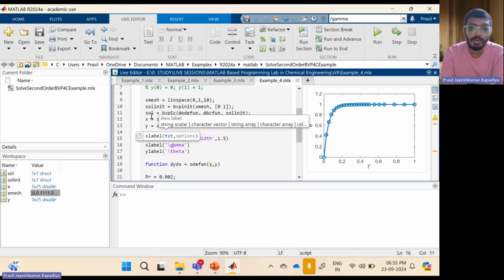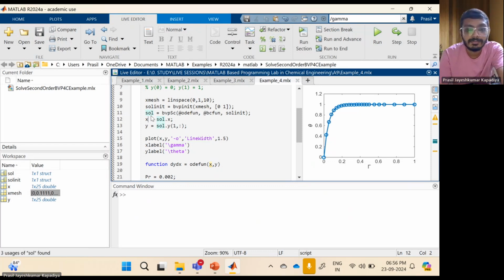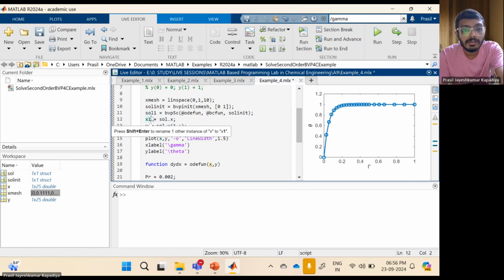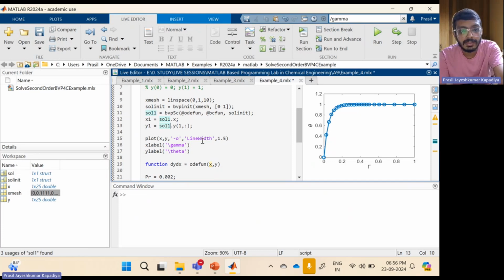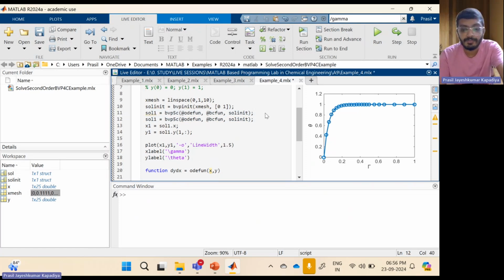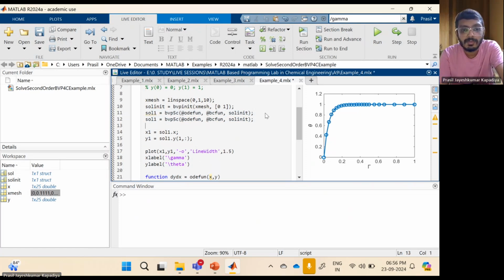Okay, let's say I want to do one more exercise here. X is actually not going to change, but let's do it like that only. Let's say I'm writing my second solution using BVP4C.